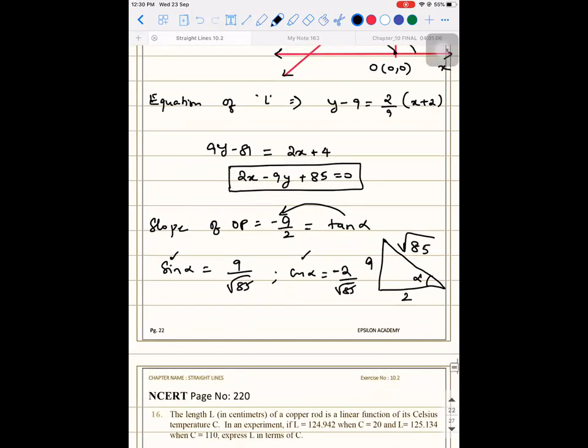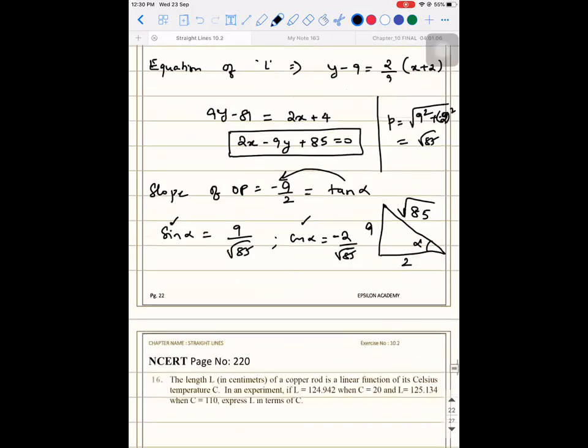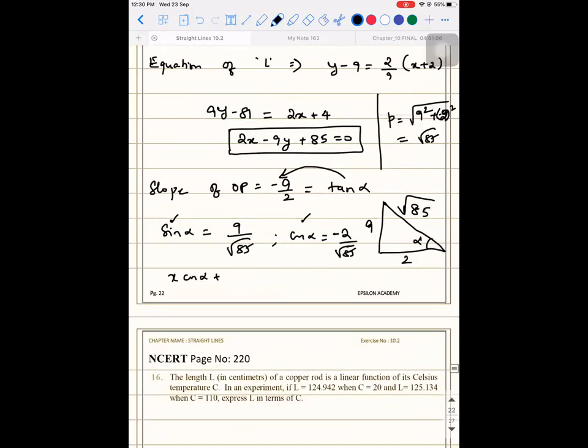Similarly, what is the distance p? p is equal to root of 9 squared plus (minus 2) squared, which is root 85. So what is the equation of the line? x cos alpha plus y sin alpha is equal to p.